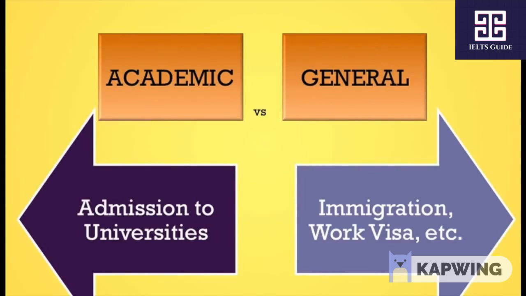So they serve two very different purposes, which is why they are designed in such a way that the academic IELTS will be telling universities how good you would be academically in terms of English language, and the IELTS General would be testing how well you can adapt to a new country.